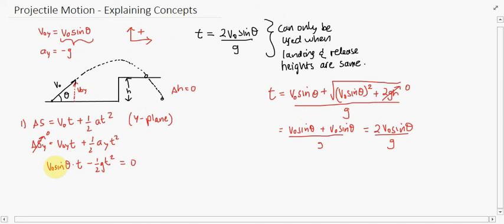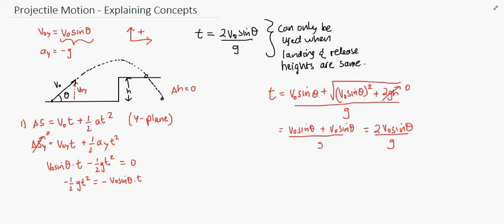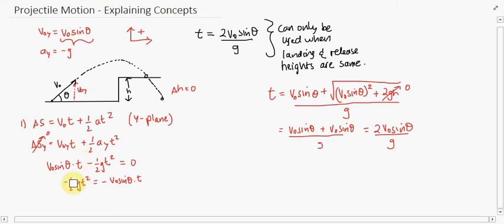When I bring the v naught sine theta times t over to the other side, I'm left with negative 1/2 g t squared is equal to negative v naught sine theta times time. I've got a negative on both sides, so they cancel each other out, and I'm just going to remove them to make the math easier to deal with.